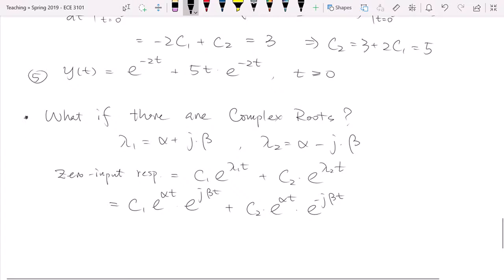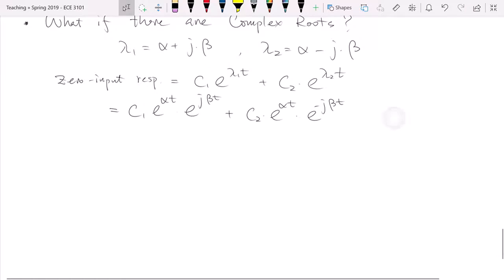Now, the way to proceed is that we can apply Euler's formula to both of these complex terms, and that will do the following.